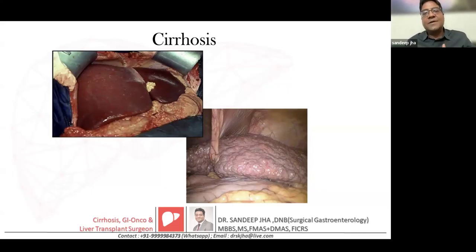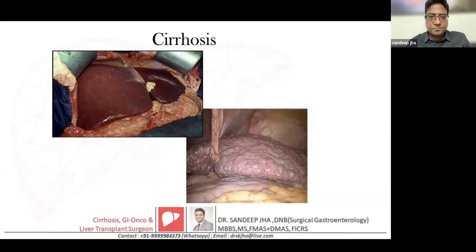Due to repeated damage to the liver due to alcohol or hepatitis B or hepatitis C, whatever may be the cause, the end stage of liver damage is cirrhosis, and the liver looks like this. The surface is nodular, the liver is shrunken, the blood can't flow through it, which leads to most of the problems of cirrhosis. This is what we find when we do a liver transplant.